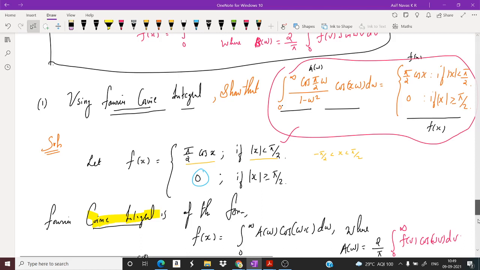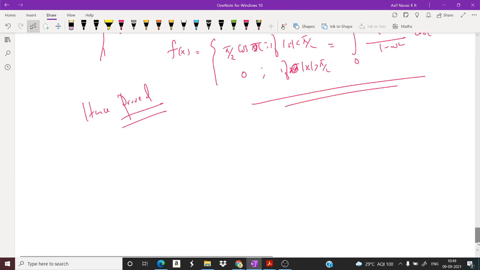Now I will give a question for homework. Find Fourier integral, using Fourier sine integral, please note down.